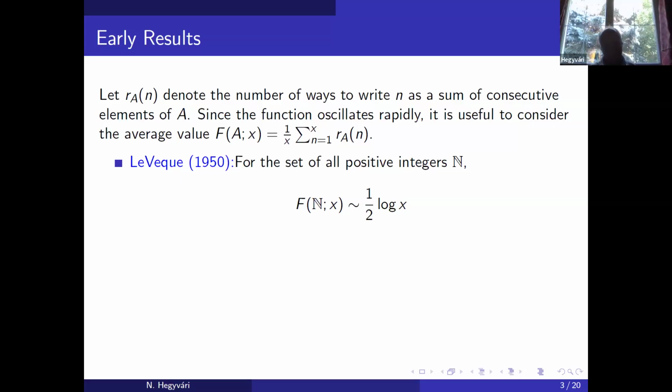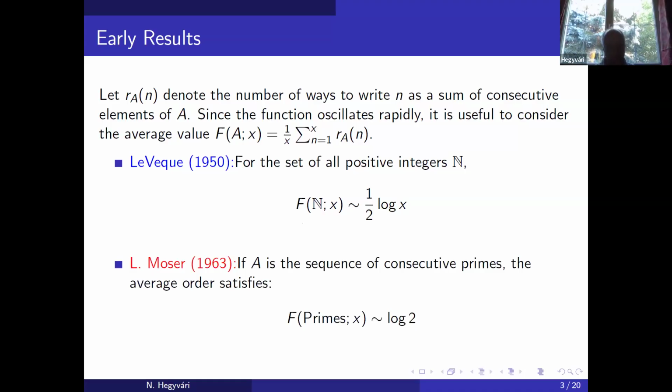The first average result is due to Levesque from 1950, who considered the simplest case, namely when A is the set of integers. He made the calculation that the average is a constant times log x, and the constant is exactly determined, it is 1/2.